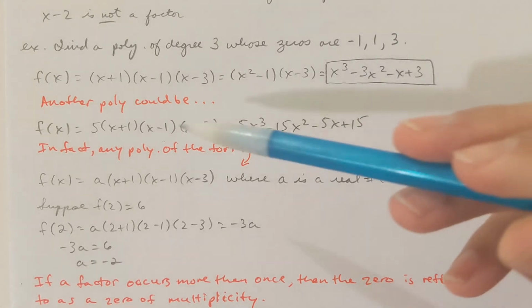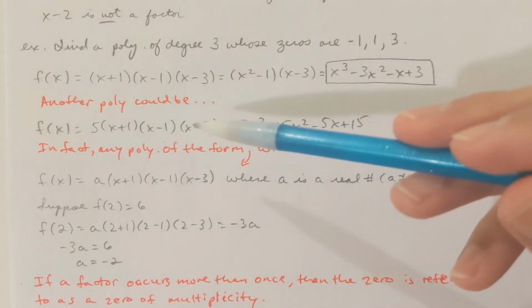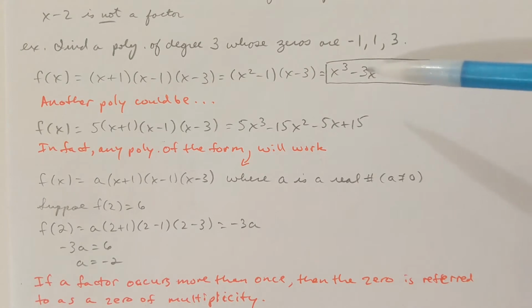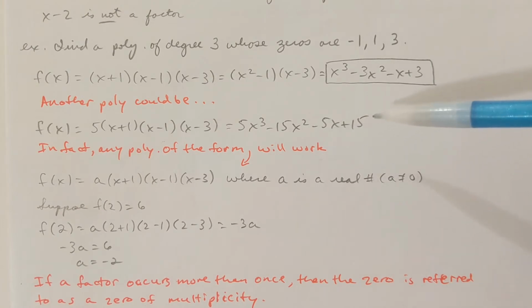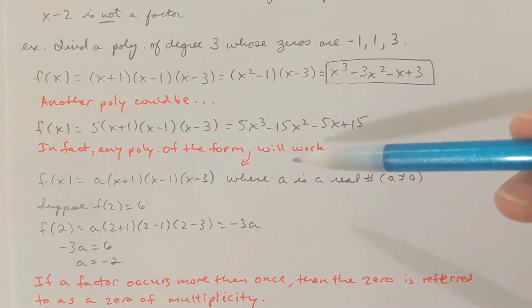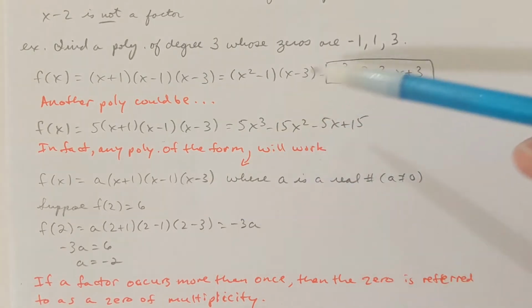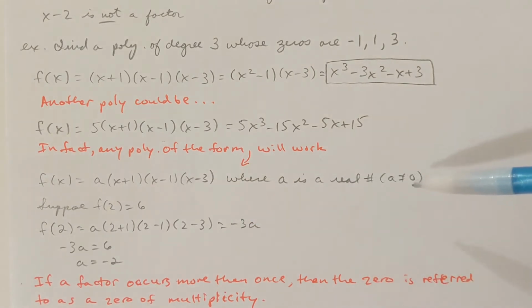Another answer could be if I have 5 as a multiplier, then I basically got 5 times these 3 factors, so I multiply each of these 4 terms by 5. 5x cubed minus 15x squared minus 5x plus 15. In fact, any polynomial of the form where I've got the 3 zeros, and then a, where a is a real number, and a is not 0, okay, because remember the 0 polynomial is the only polynomial that has no degree to it.